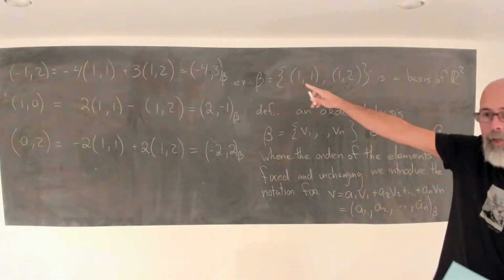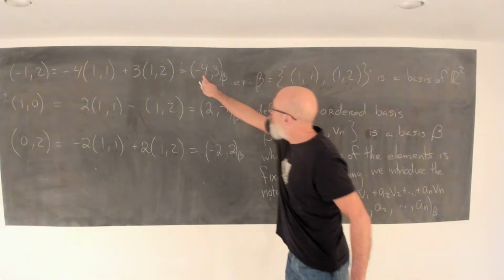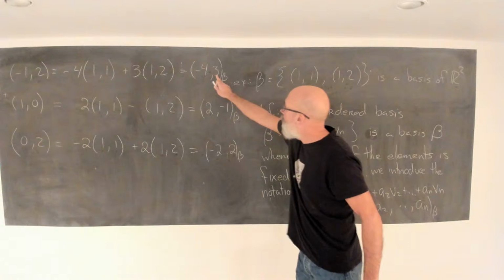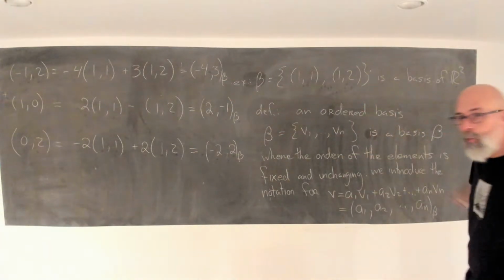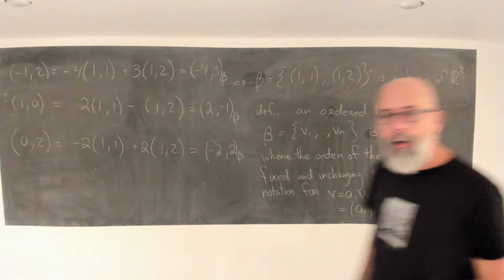So exactly what we did before, right? Minus 4 times the first basis element plus 3 times the second, we're doing this.